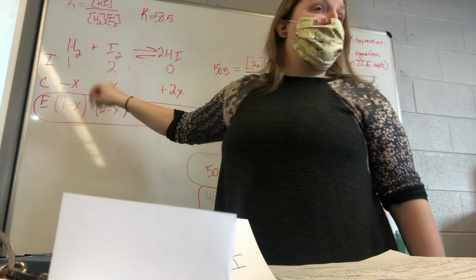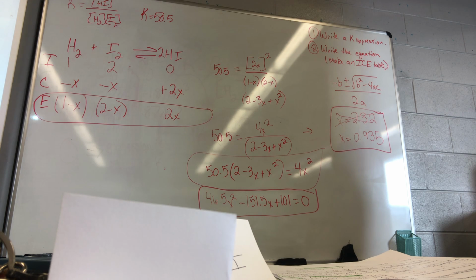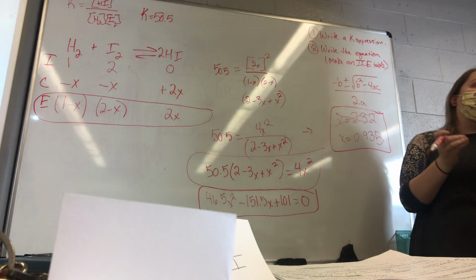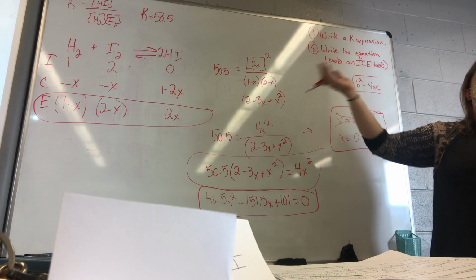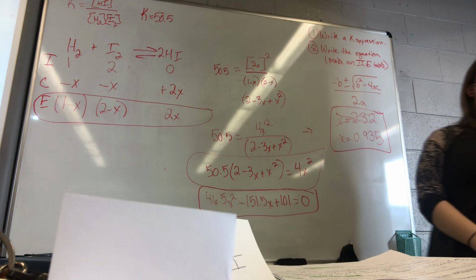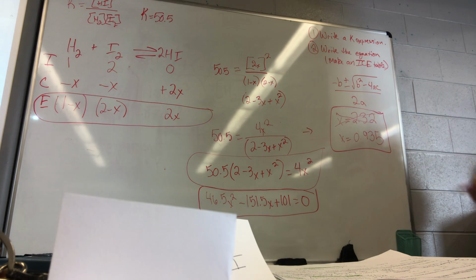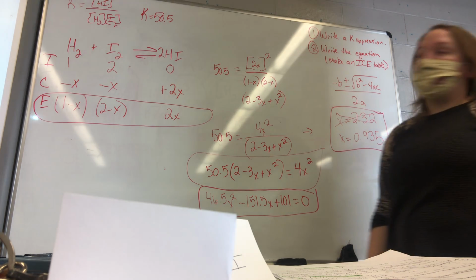You can't have a negative concentration. Wouldn't it not make sense because you can't have an x value bigger than your concentration? That too. Your x value has to be smaller than your smallest concentration. Both of them are technically smaller than 2, or smaller than 2.3. What we're saying is the one that makes sense is the one that's going to leave you with something left over. Or 0. 0 is an option.